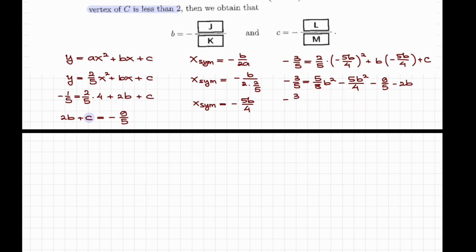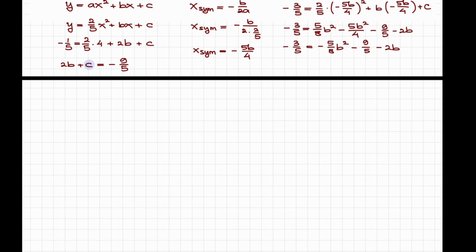So negative 3/5 is equal to negative 5/8 b squared minus 9/5 minus 2b. I will move all the terms to the left hand side, leaving the right hand side equal to 0. Then I will obtain 5/8 b squared plus 2b, and then negative 3/5 plus 9/5, you will get plus 6/5, equals 0.